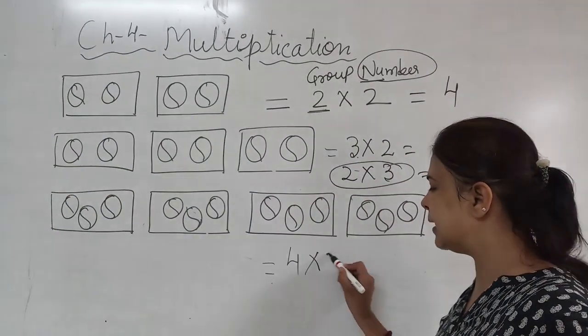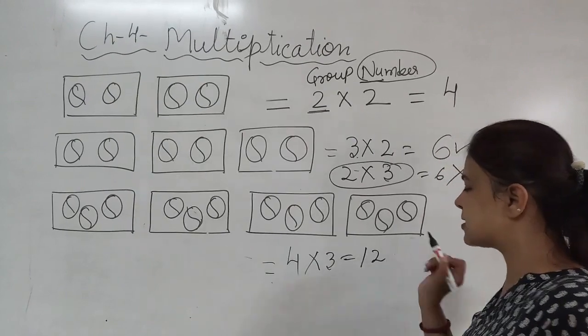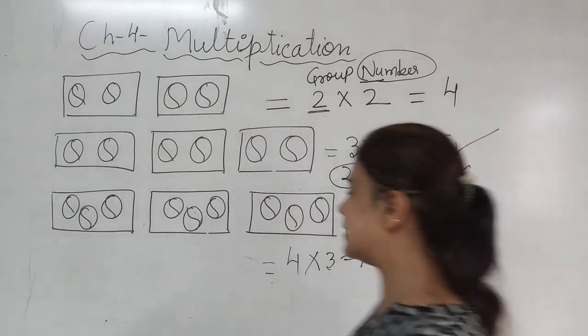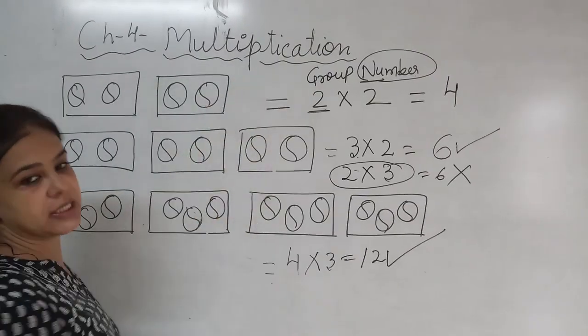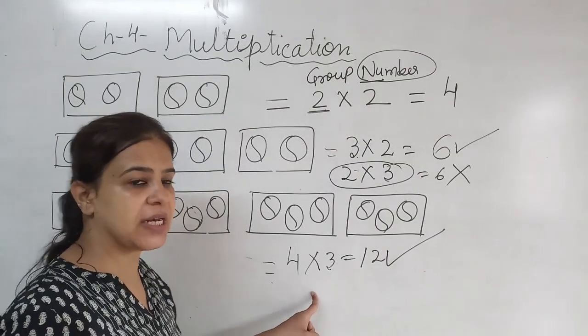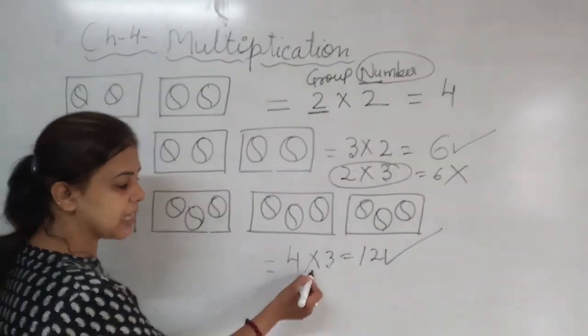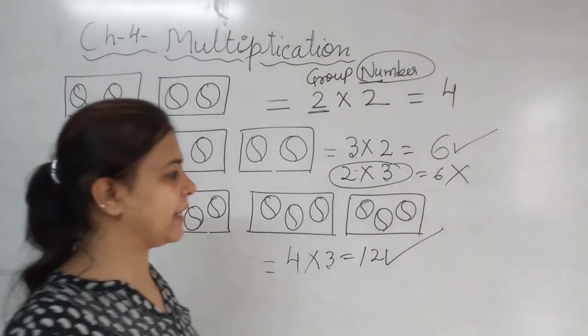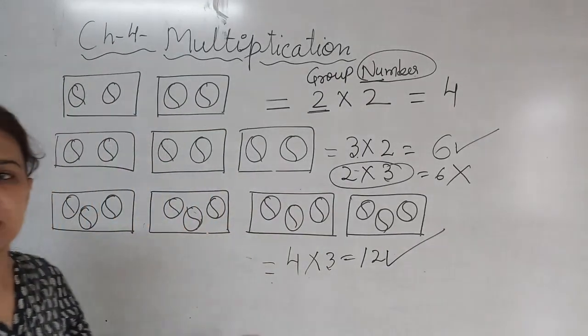So 4 multiplied by 3 is equals to, children, 12. Right? So this is called multiplication. What is this called? This is called multiplication, and you all know this is the sign of multiplication.